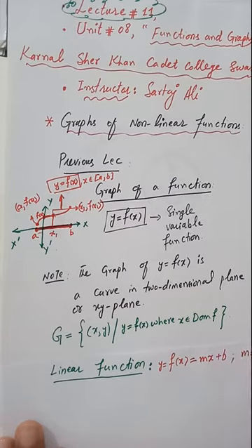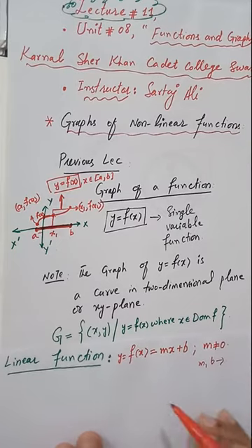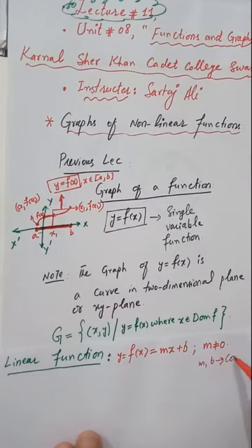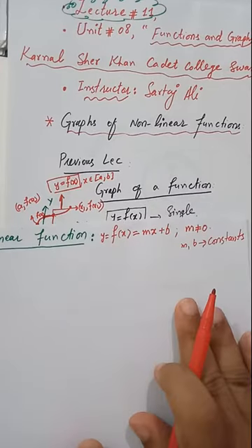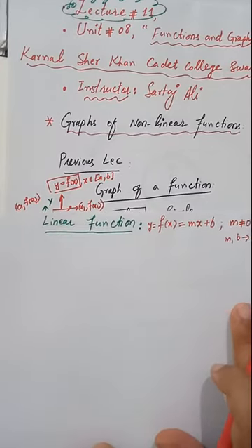M is not equal to 0, because if m equals 0, that function will become a constant function. So this is the general form, and m and b are the constants.